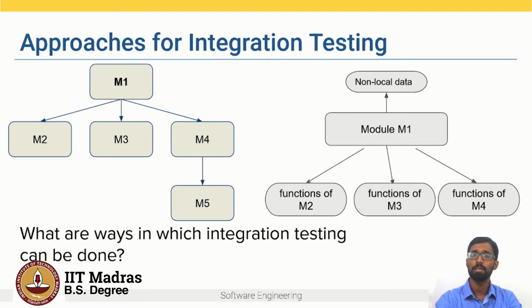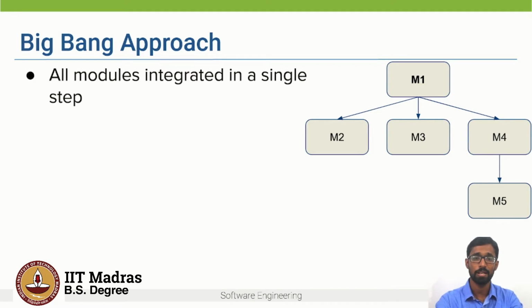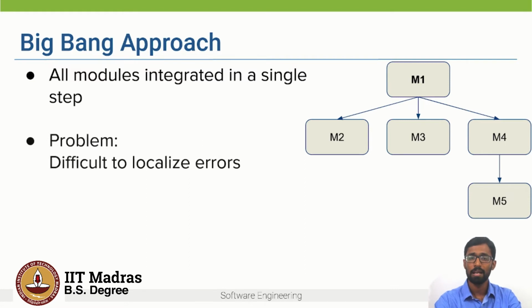Okay, so now let's look at some approaches for doing integration testing. One such approach is known as the Big Bang approach. As the name suggests, all the modules are integrated in a single step. All the modules which have been unit tested are linked together in one go and tested. And what is the issue with this?